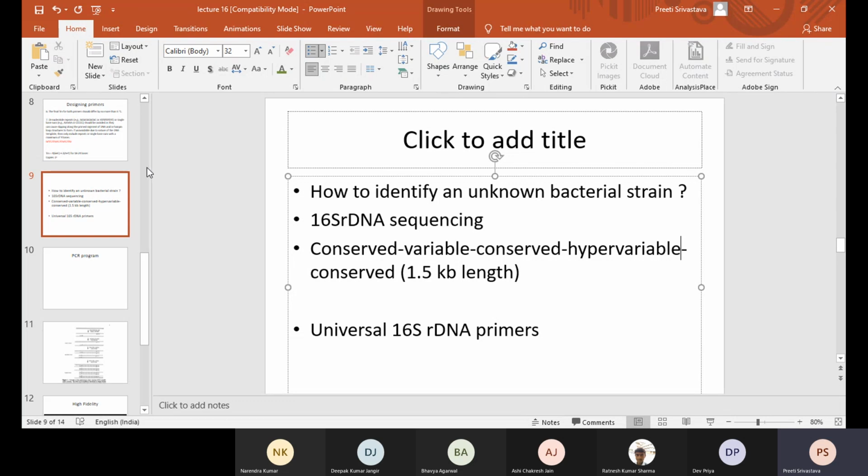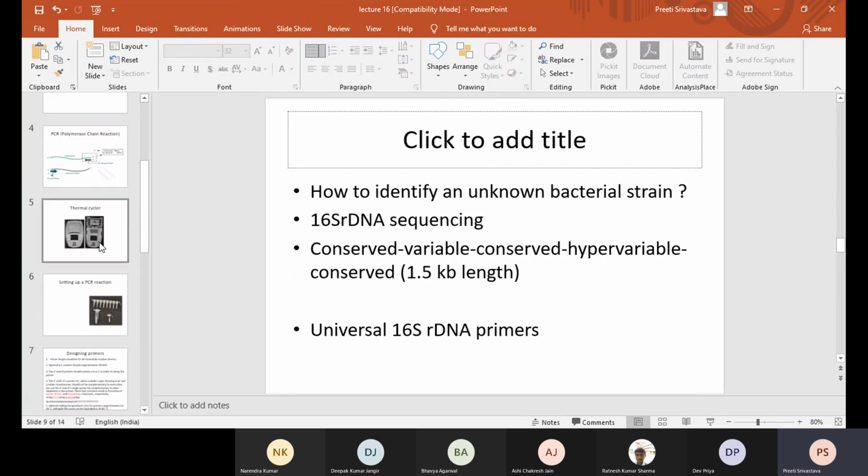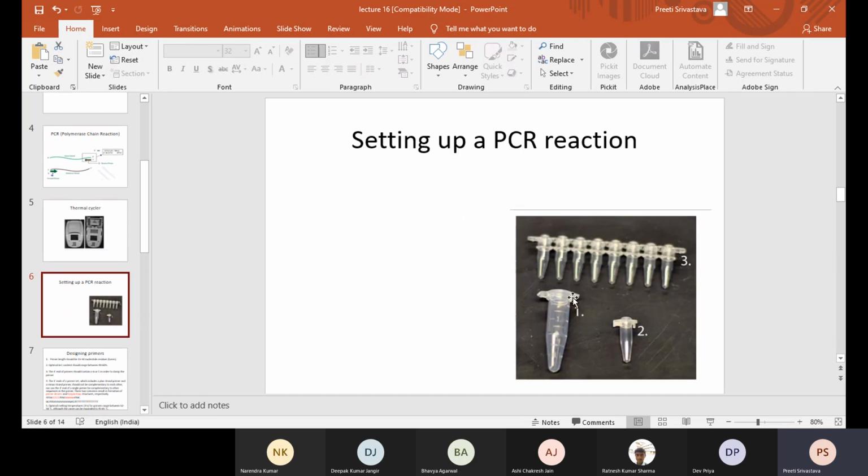Okay, so then the PCR reaction is set up in a very small tiny tube, 0.2 ml capacity. If you can see on the slide, this is a typical diagram of the PCR tubes. This is how they look.